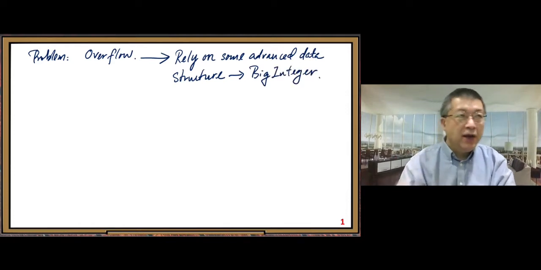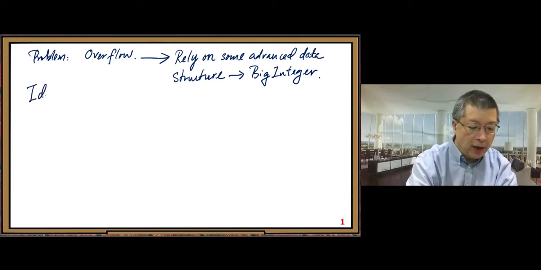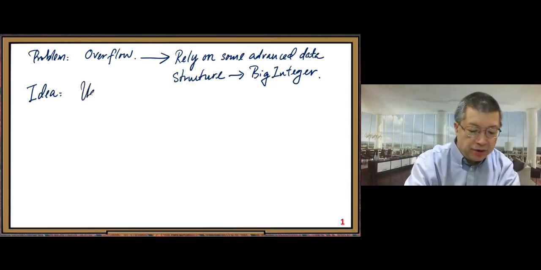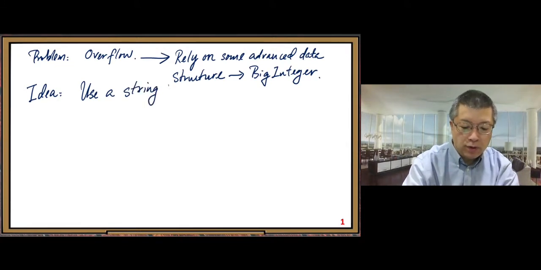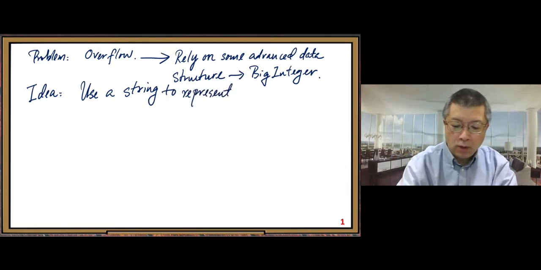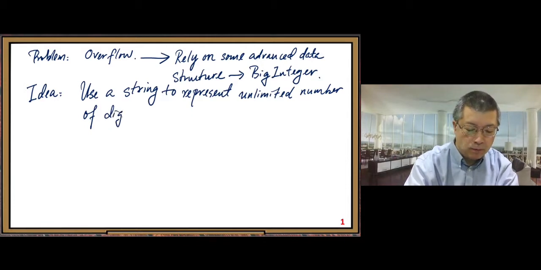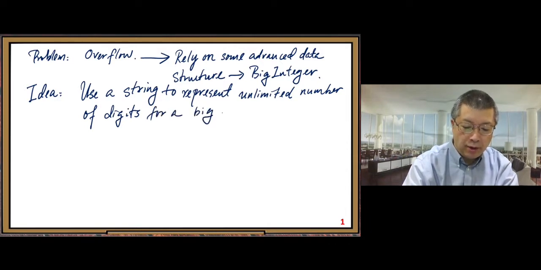All right, the idea is pretty simple. The idea behind the Java Big Integer class: use a string to represent an unlimited number of digits for a big integer.